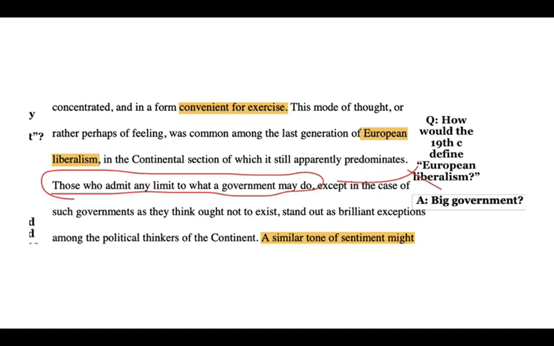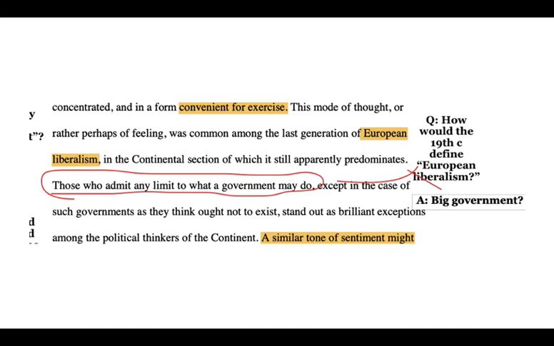And I know from my experience that what Mill means by liberalism in the early 19th century is probably different than what we call liberalism in the 21st century. And so my question is, and this is a question that I'm hoping will get answered as I keep reading, how would the 19th century define European liberalism?